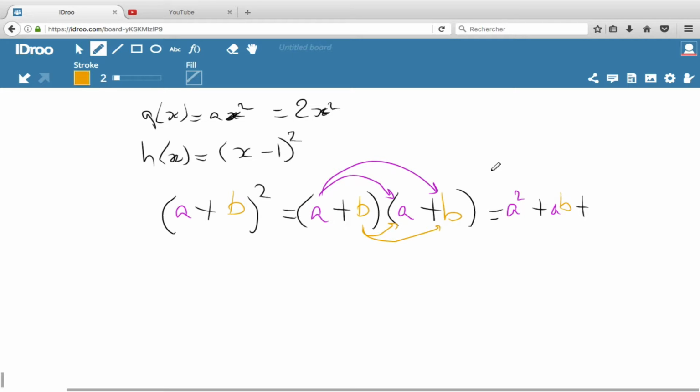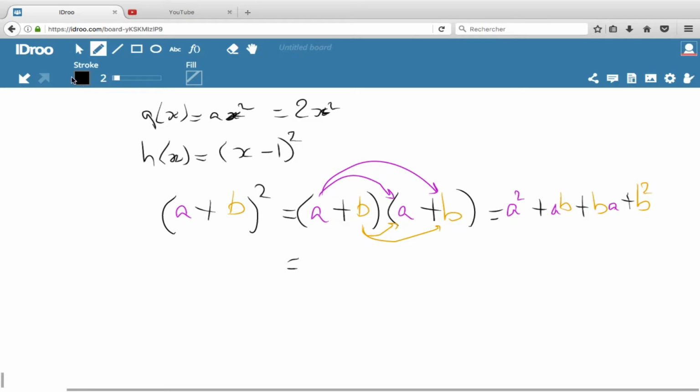So we've got b times a plus b to the square. Because when you multiply a times b, that's the same as b times a, we've got two of them.